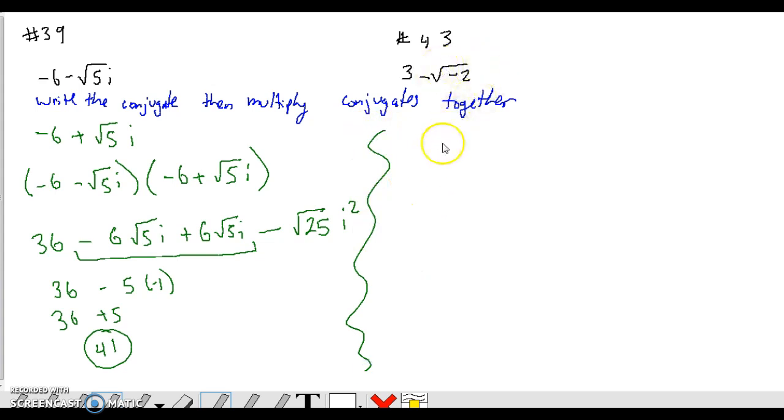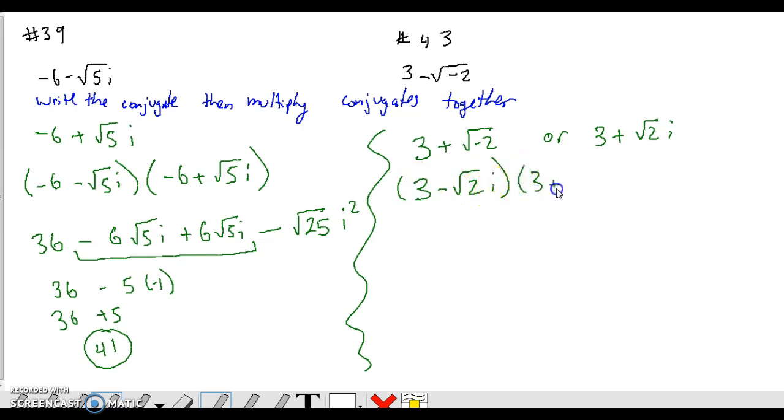Okay, here's our work for 43. So our conjugate will be 3 plus root negative 2. Again, we could also say 3 plus root 2i. I kind of want to do that. It makes it a little bit easier. So if we multiply our conjugates together, this will be a minus root 2i, and then this will be a positive root 2i.